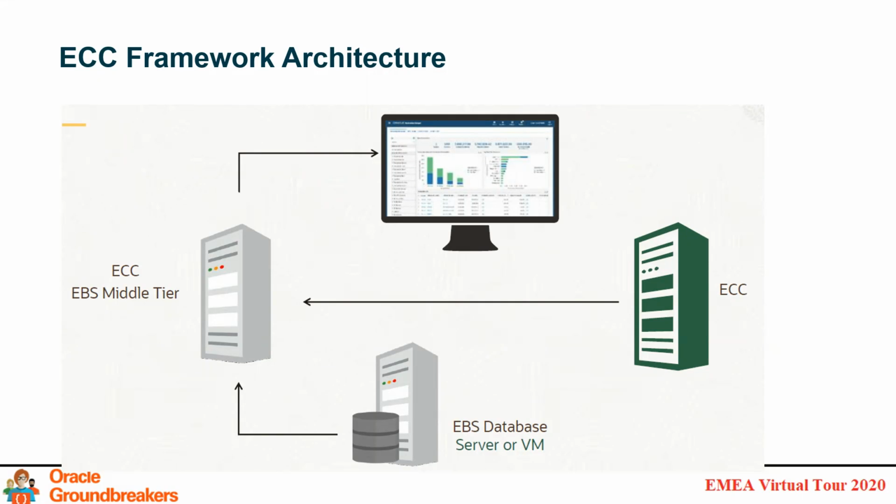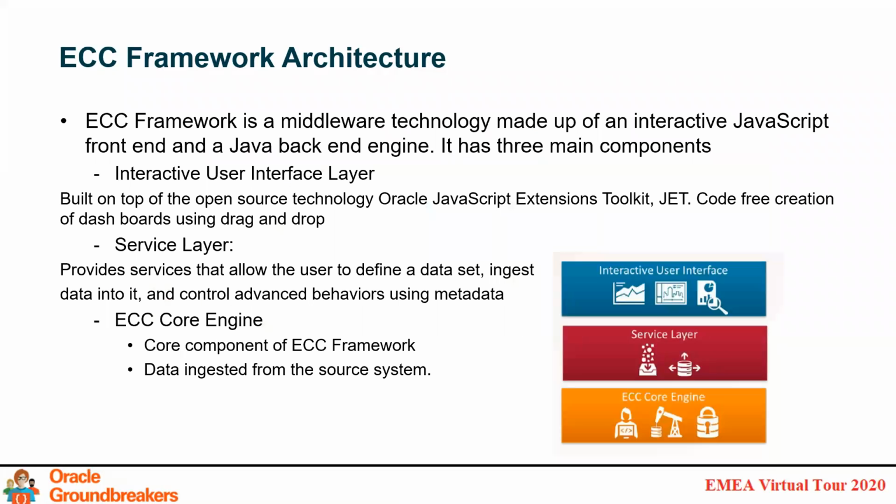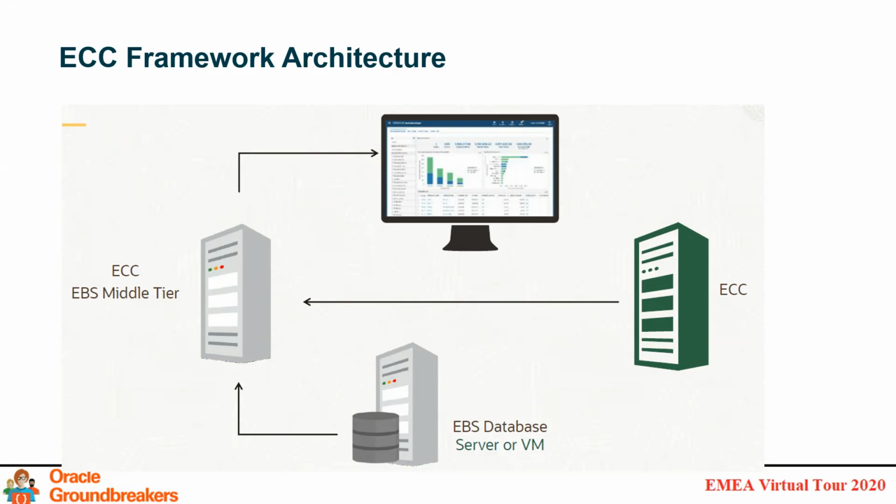So let us say I'm running the procurement purchasing ECC data load program. What I'm doing here is extracting all my requisitions, all my POs, meaning PO lines, shipments, and everything.